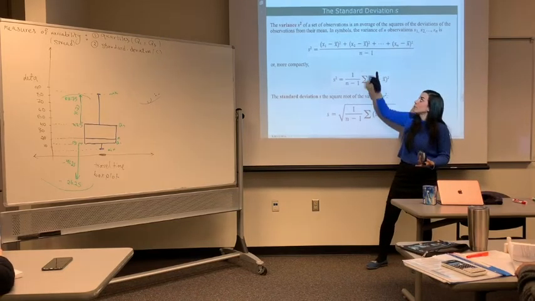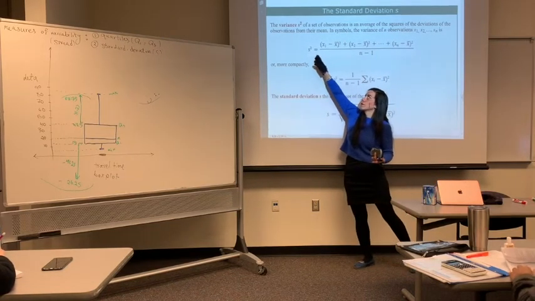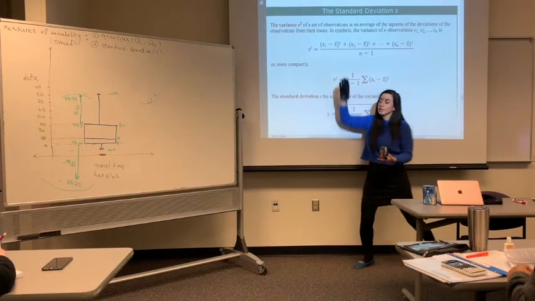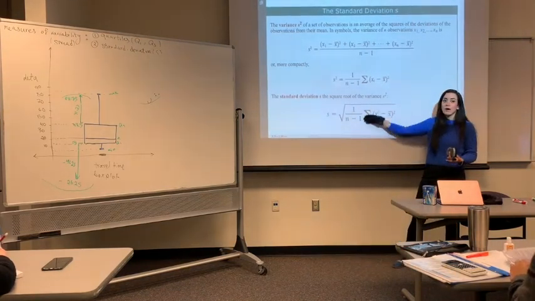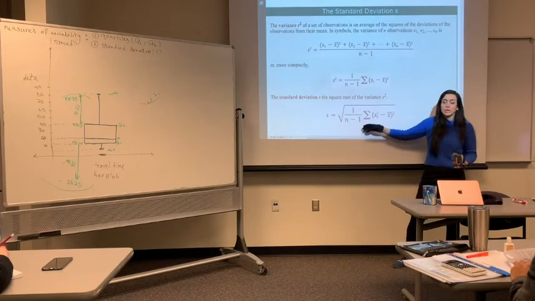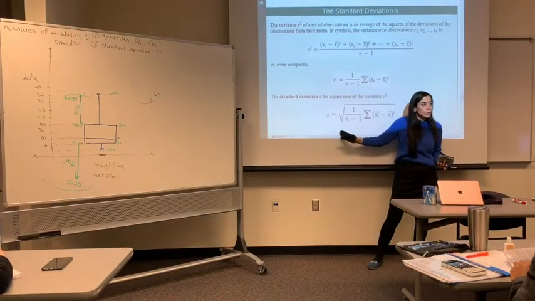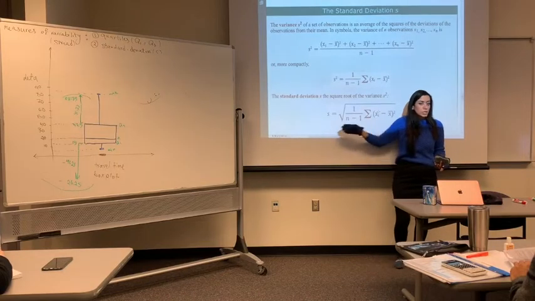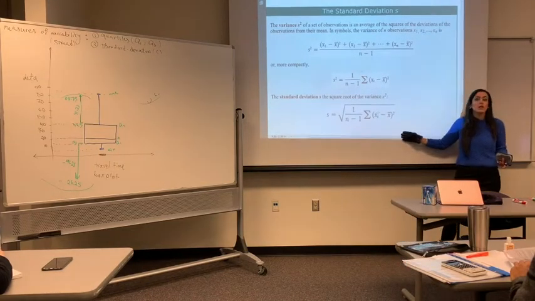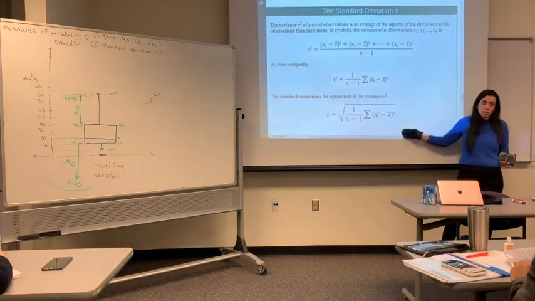So take the square root of both sides. The square root of this side gives us the square root of this whole formula. The square root of this side gives me S alone, which is the standard deviation. So this is the formula for standard deviation.